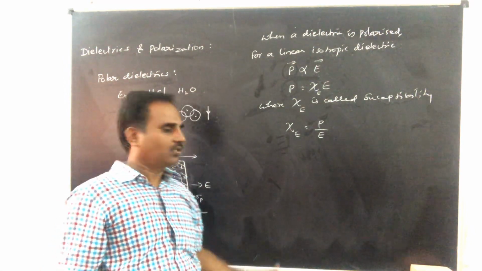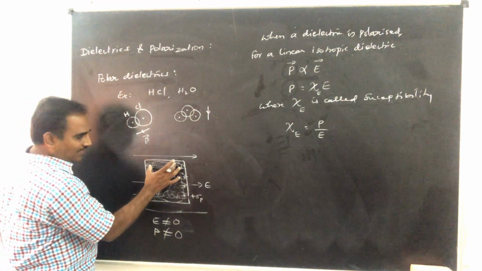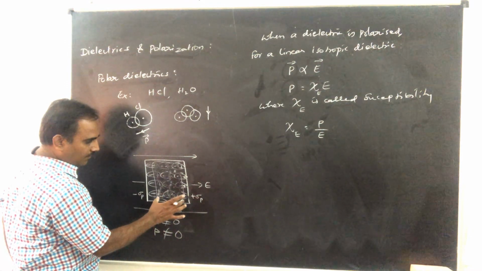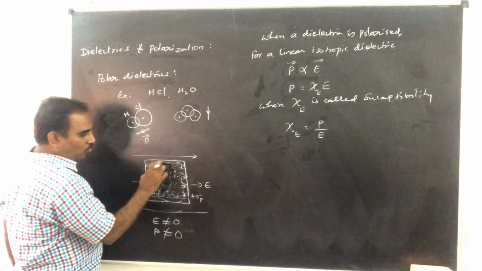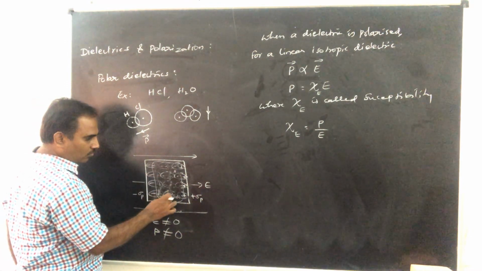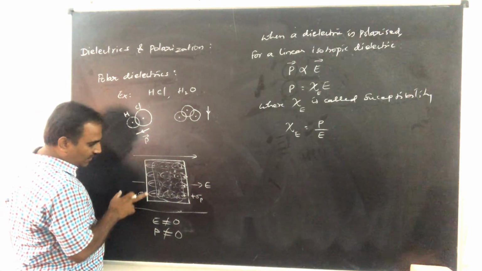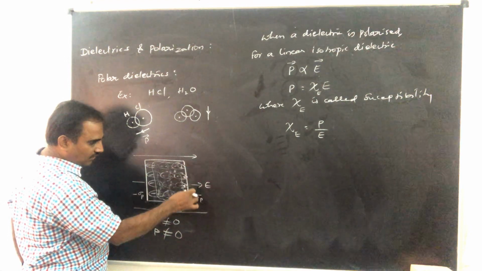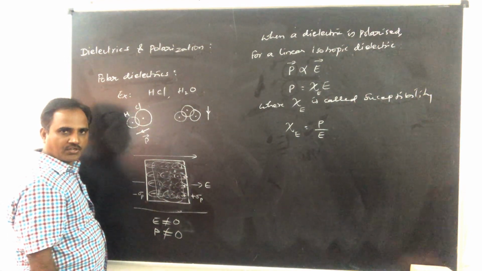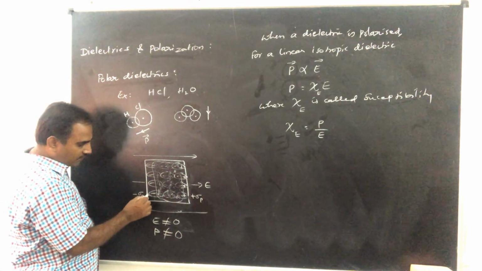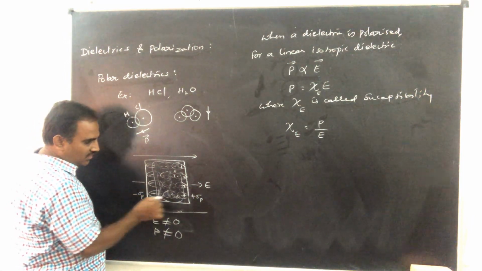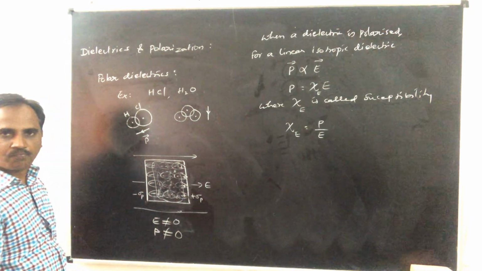because the charges are separated by some distance. So, if you consider this volume of the dielectric medium, the total charge in this region will become 0, but there is a negative charge on this side of the dielectric and a positive charge on this side due to polarization. Therefore, a surface charge density minus sigma P on this side and plus sigma P on this side.